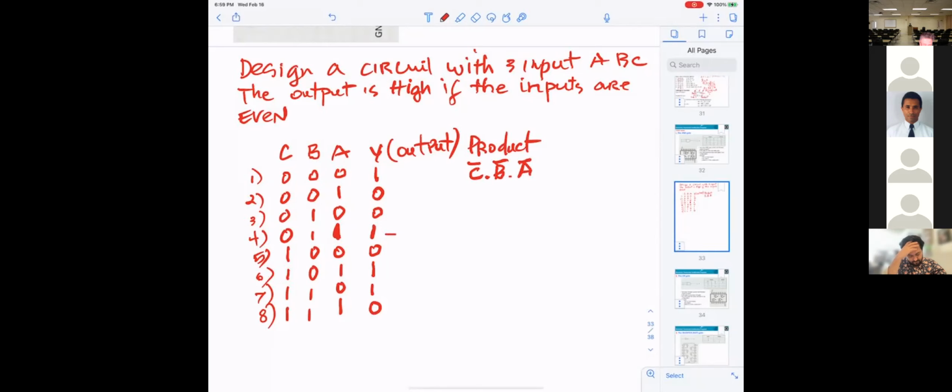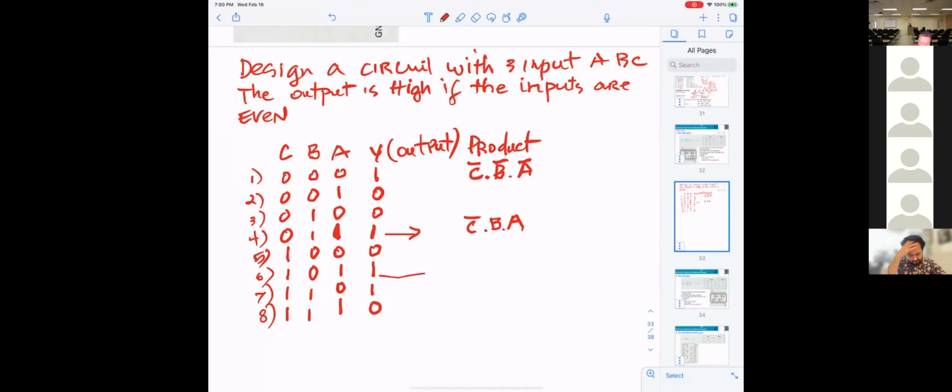I want the product for this guy. Only write for output 1. What product on this? C will be not C. B before, equal 1 will be B. A equal 1 will be A. That's the next product.